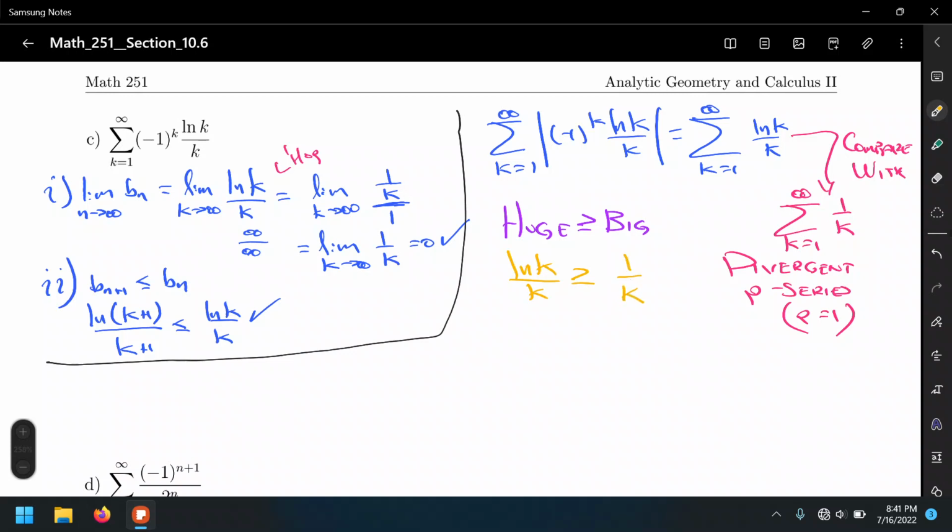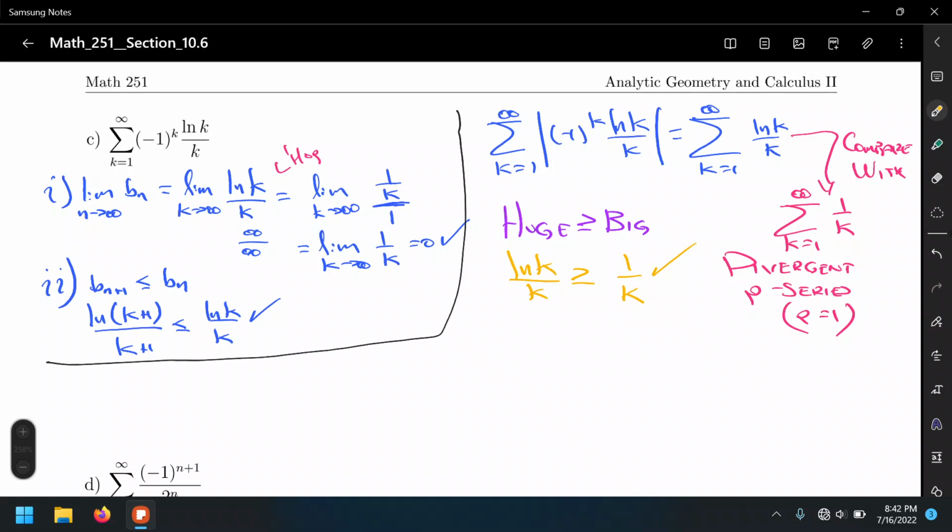Of course it is, because 1 will always remain 1, but for k really big, ln of a really big number, that's ln of infinity, is going to go to infinity, and this is true. So backtracking to the original problem, this whole new series will do whatever the one we compare it with does, because we were able to show that the huge is greater than the big.